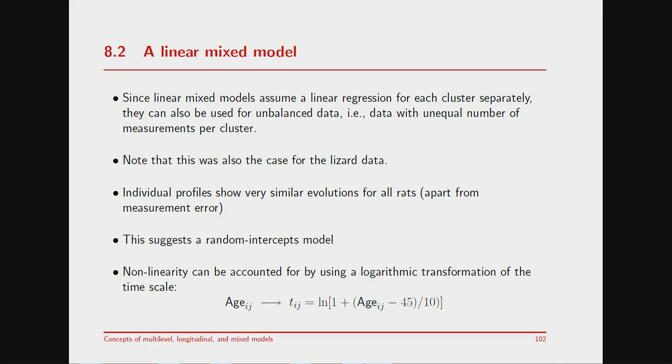Because if h is 45, this is 0, and I get the logarithm of 1, which is 0. And that's important because remember, when we did some of our previous analysis, you get these tables with intercepts and slopes. It's important that the parameters you're estimating have a meaning to you. So the intercepts that I will be estimating will be the values at age 45, and that's when the experiment started, when the randomization took place.